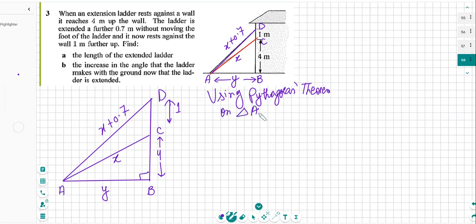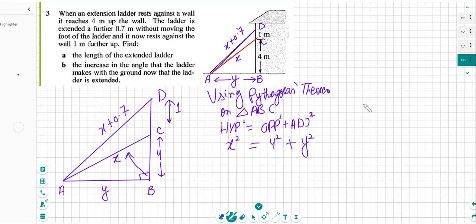According to the theorem, hypotenuse square is equal to opposite square plus adjacent square. Which length is the hypotenuse? X, because it's opposite to the 90 degree, the largest side. So it is X squared. Opposite side, we can say it is 4. And adjacent side is Y.